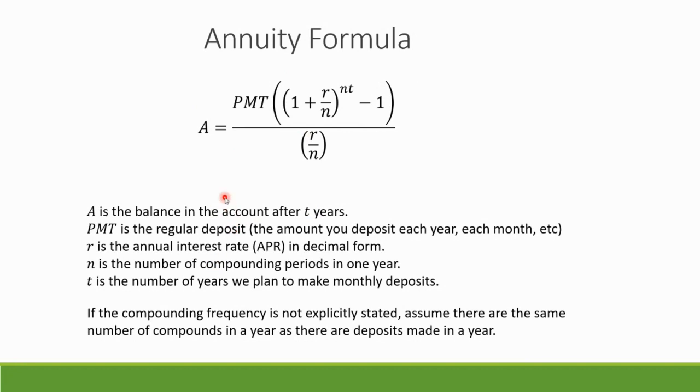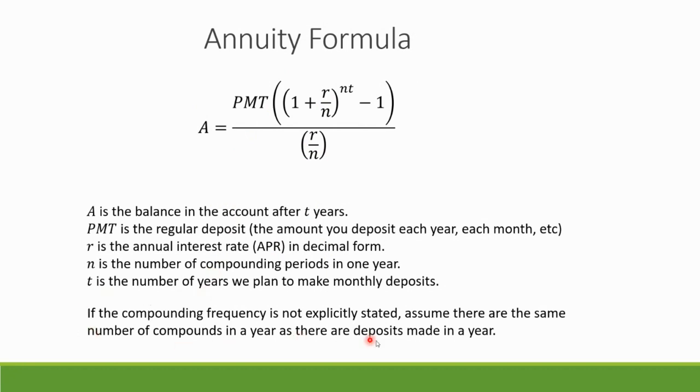We've seen this before. A is the balance after T years. T is the number of years, of course. PMT, remember, is how much our regular deposit is, the amount you're putting in each month, each year, whatever. R is the interest rate as a decimal. N is how many times it's being compounded in a year.